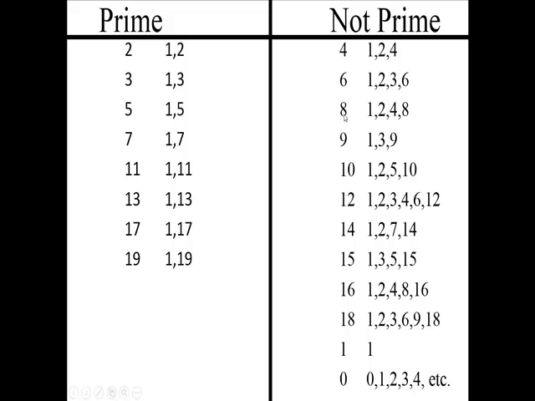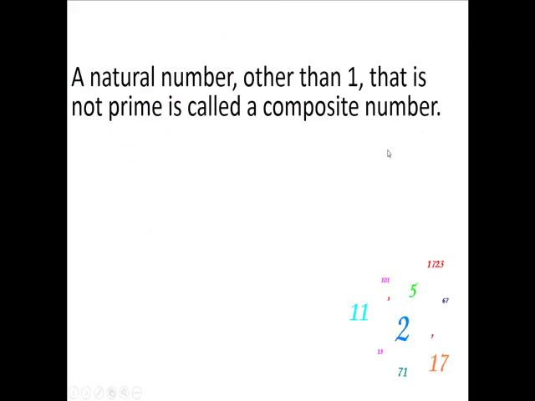So 4, 6, 8, 9, 10, 12, 14, 15, 16, 18 are composite numbers. They are composed of more than 2 factors. And you can find out exactly how many factors they have. So a number that's not prime, other than 1 and 0, we call a composite.